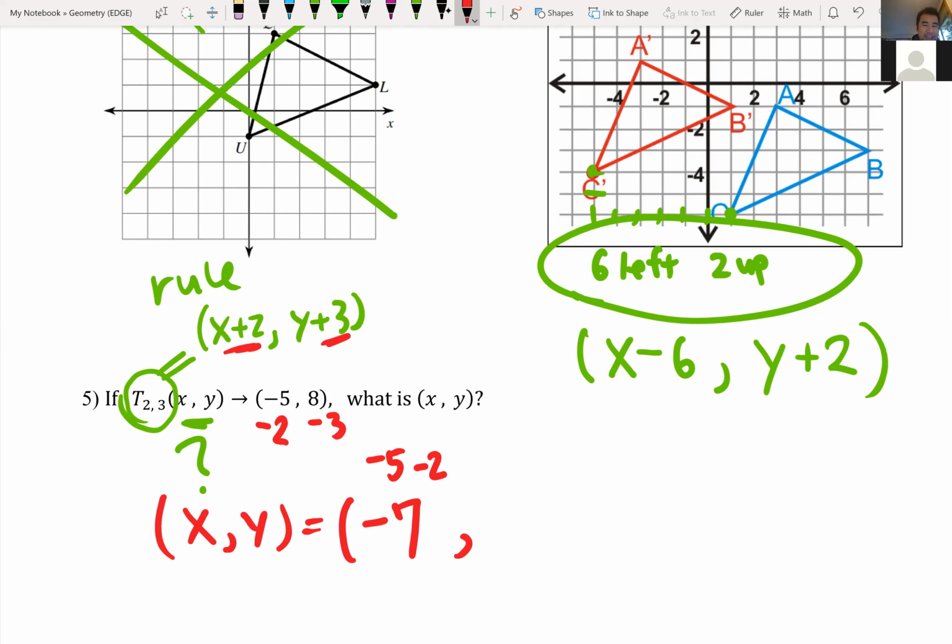And then 8 minus 3, which is 5. So the original coordinate should have been -7 and 5. And then if you add 2, you're going to get -5. If you add 3, you're going to get 8, right? So you're going backwards in this case.